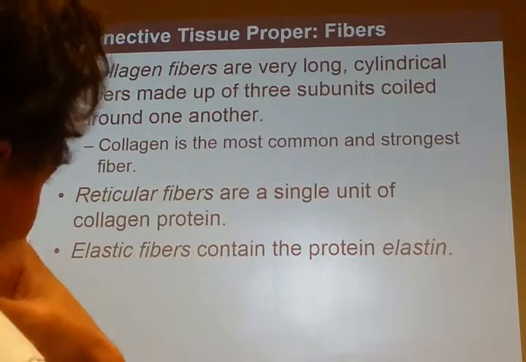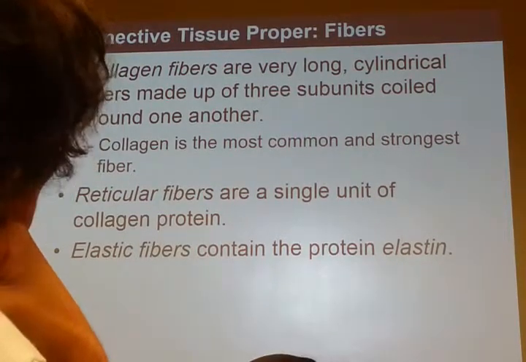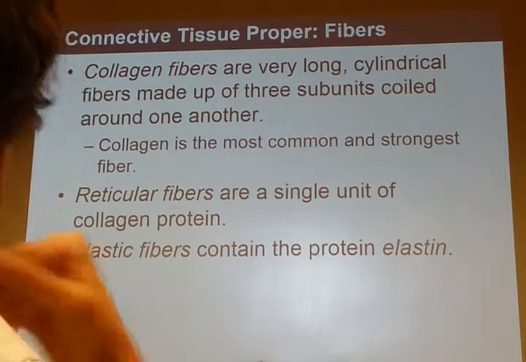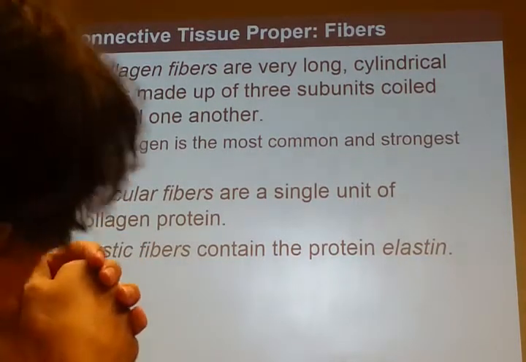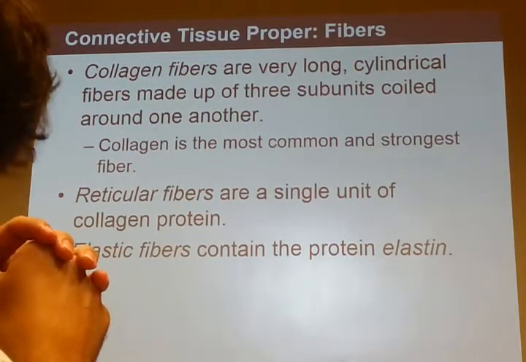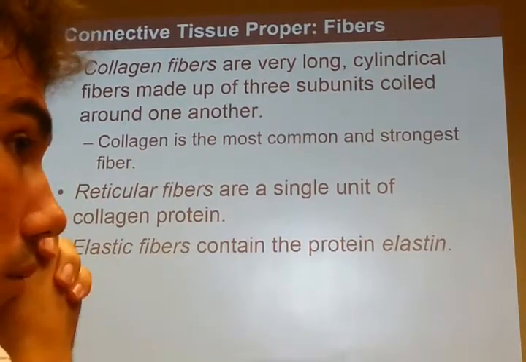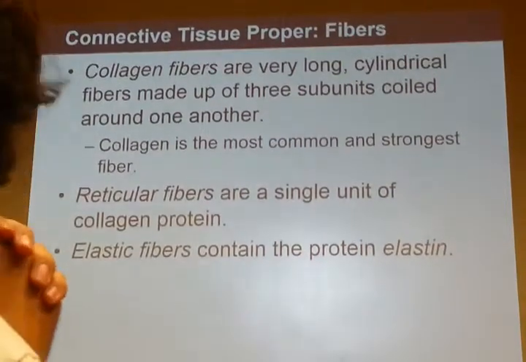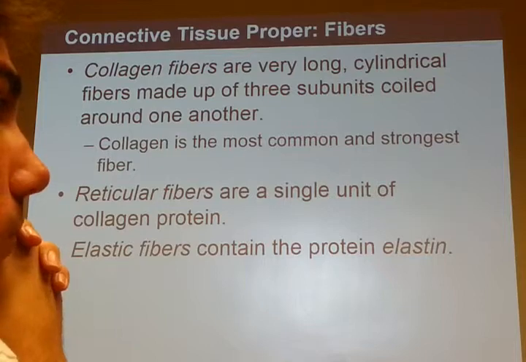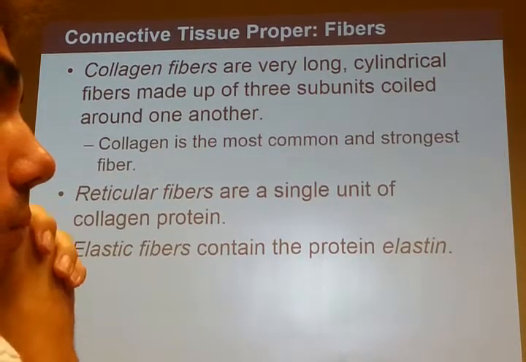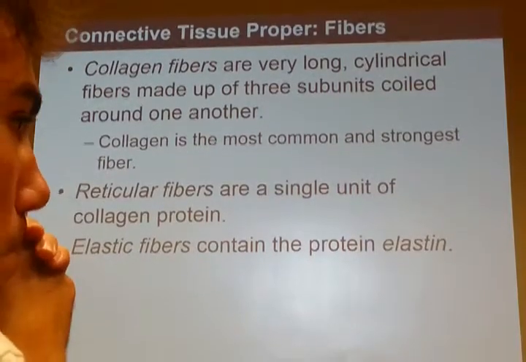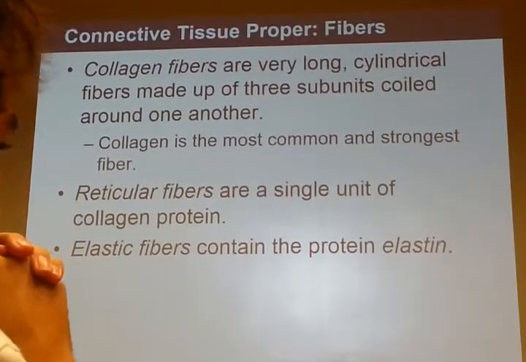It's going to make up your dense irregular, your dense regular. It's going to have elastic components that are called elastin. They're still made by the fibroblasts that form the regular collagen. You look at collagen fibers and how they're oriented together. You still take a collagen fiber and you put it into a very thin network, and you got a reticular fiber.